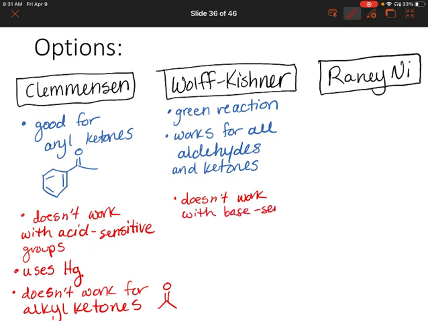So if something reacts really easily with a base, then this isn't going to work. And you're using hydrazine in this reaction, which is very flammable. So that's something you typically want to avoid. So hydrazine is actually what's used in rocket fuel.